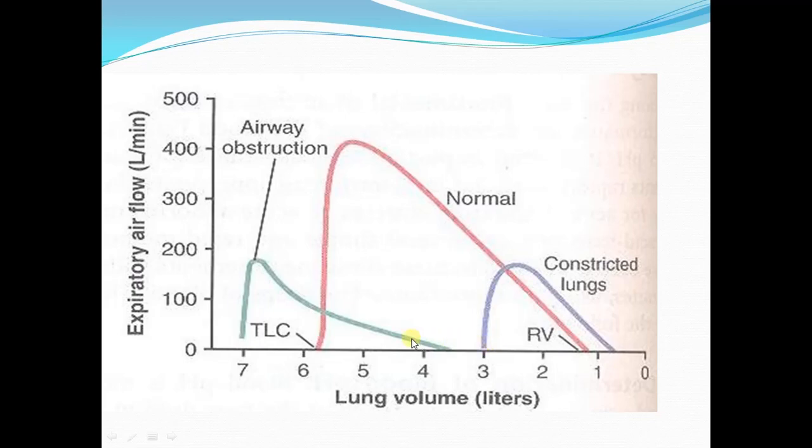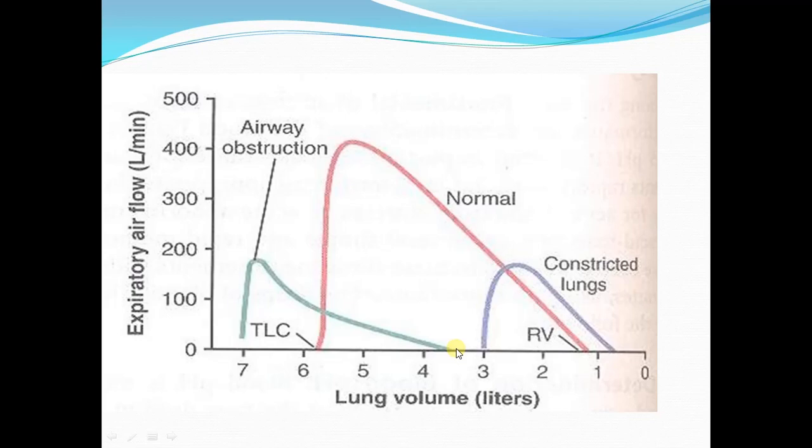And when you look at the graph of airway obstruction, here we can see that residual volume is increased. Residual volume is increased in obstructive lung diseases. This is because of the trapping of air inside the lungs, because airway obstruction makes expiration more difficult as compared to inspiration.